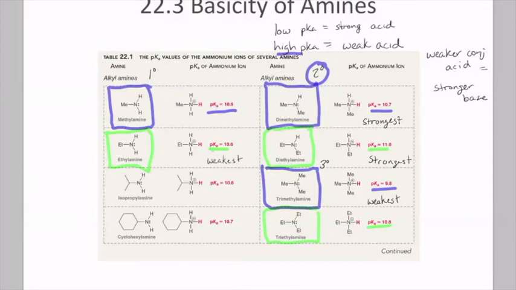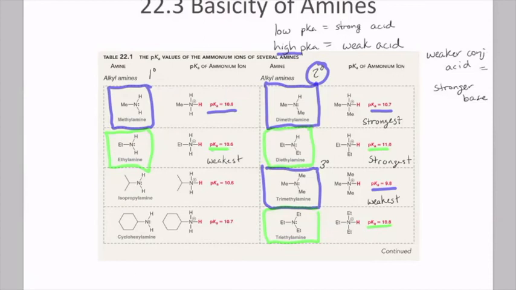So bottom line is there really aren't any trends that we can use to compare just regular old alkylamines. It's not always as simple as saying that the secondary is the strongest or something like that. We just have to look at the data, look at the pKa's in order to figure that out, okay?